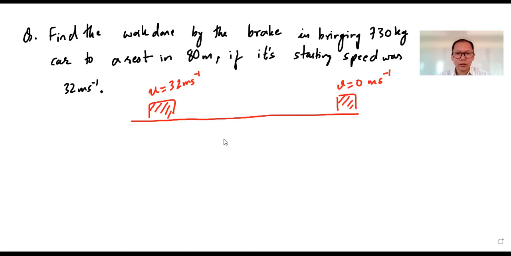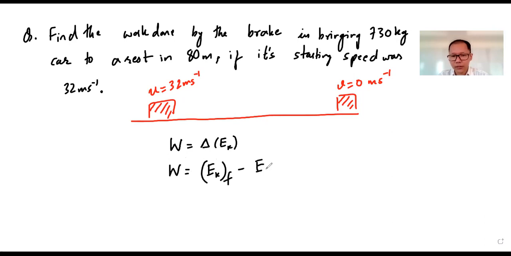According to the work energy principle, the work done by the brake is the change in kinetic energy, which is EK final minus EK initial. The final kinetic energy is 0 because the velocity is 0.